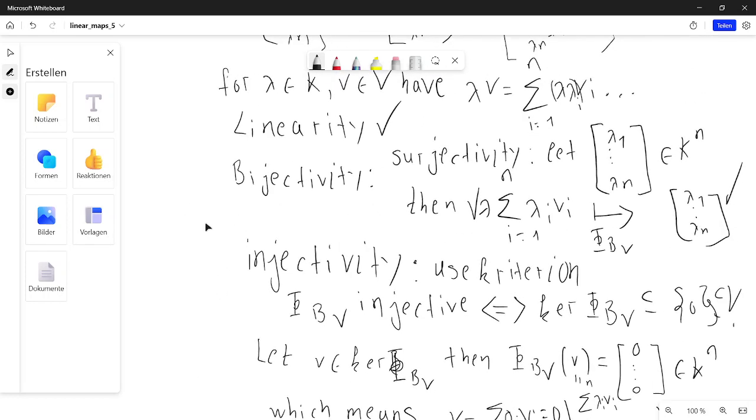Right, and that is kind of obvious if we have chosen the basis just from what we have observed. The coordinates are uniquely identifiable with the vector itself. So given the coordinates, we know exactly what vector we are talking about. Given the vector, we know exactly what coordinates we are talking about. Right?